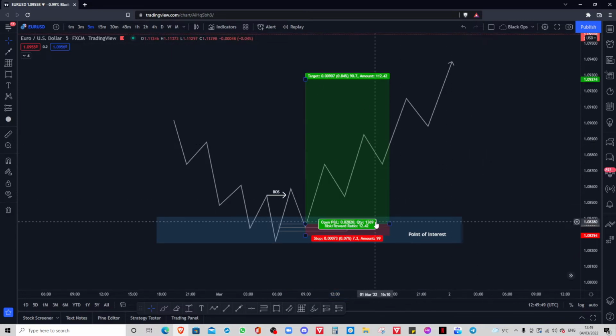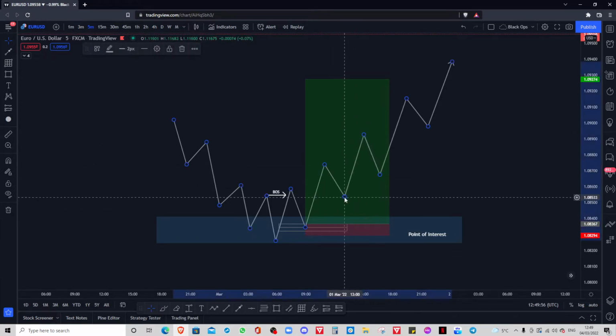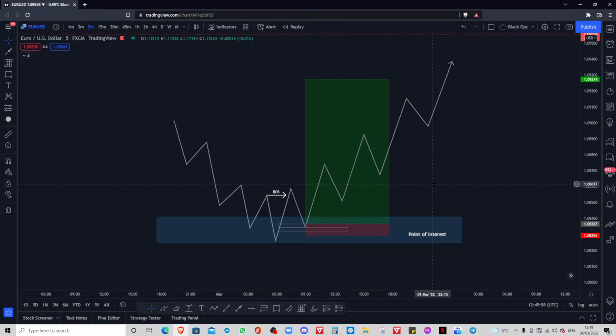What we're going to do to scale into this trade is jump in on every single pullback, so these pullbacks here, and that's what we mean by scaling into our trades. So for example, price pulls away, pulls back, we get another breaker structure.